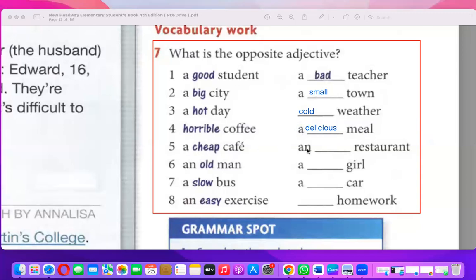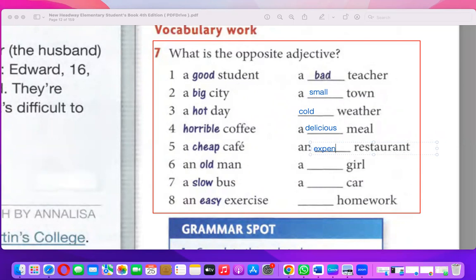Someone else to give me the answer for number 5, please. A cheap cafe, or restaurant. What's the opposite of cheap? If no one wants to answer, you can give me the answer. Okay. We can say expensive or costly. Costly or expensive.